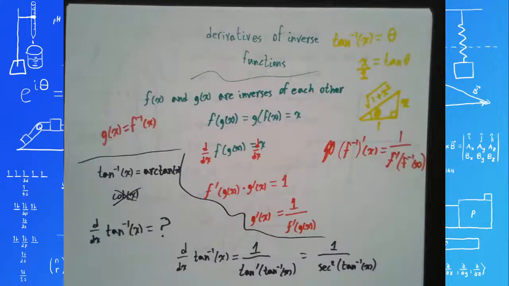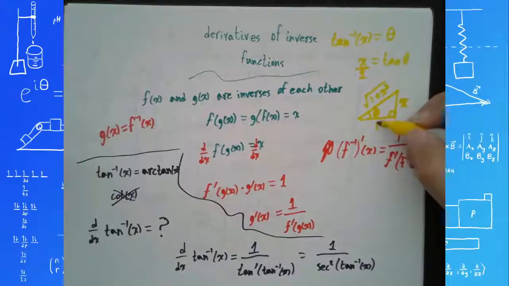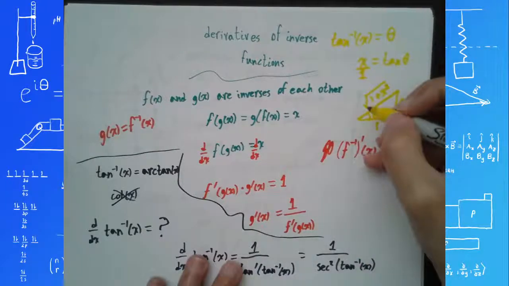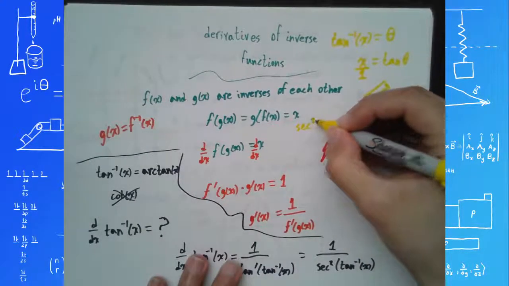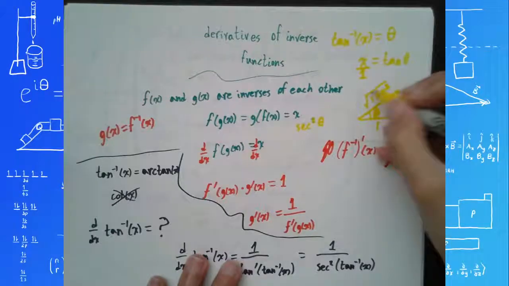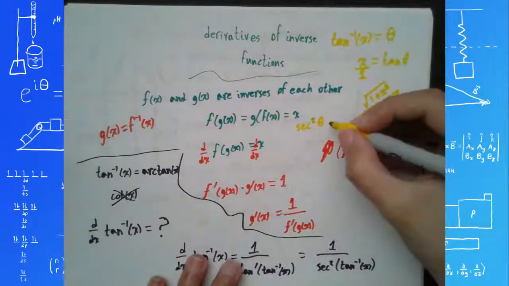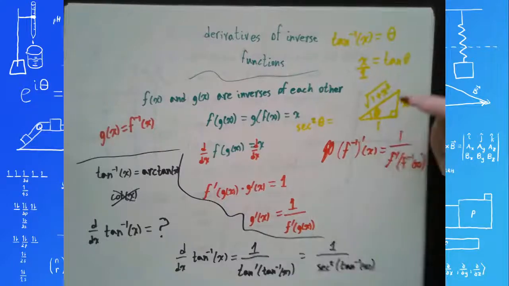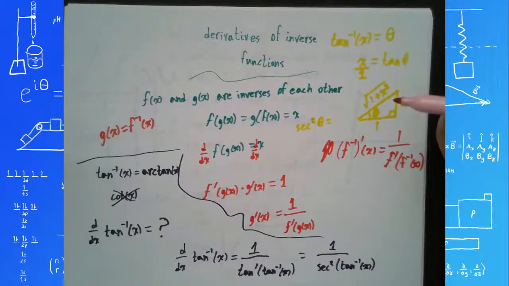Okay, so tan inverse of x is theta, and we need to get secant squared of tan inverse of x, which is secant squared of theta. What is secant squared of theta according to this triangle we drew?